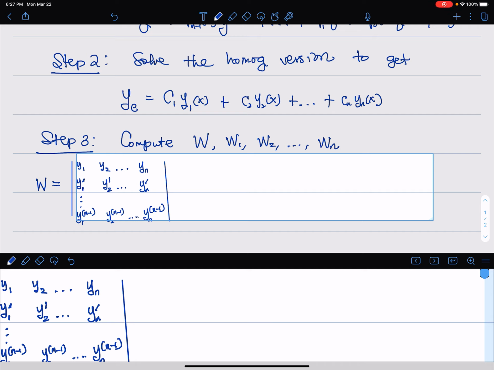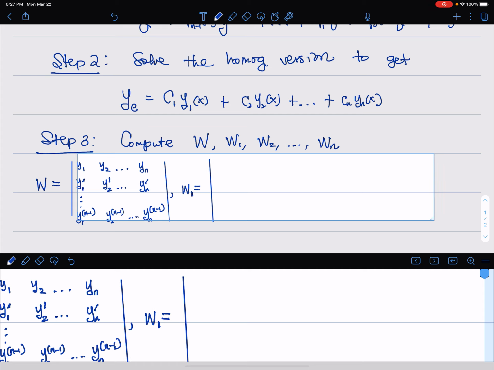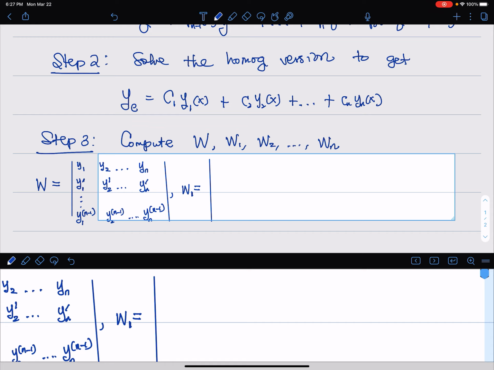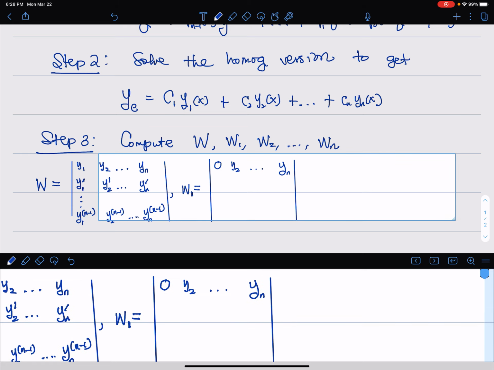Now, W1 is similar to W, but how do we define it? On the first column, we have all zeros. On the first row, we start with 0, we ignore y1, then we do y2 all the way to yn. Then the second row, 0, y2 prime all the way to yn prime.